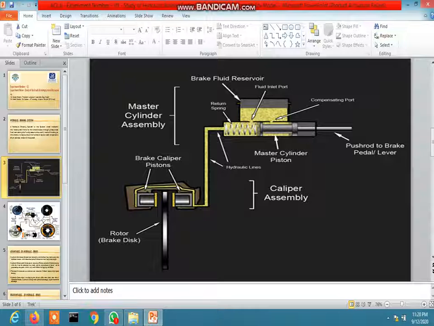This is the push rod, which is already connected to the master cylinder piston, and the other side, which is not shown here, is connected to the brake pedal. This is the master cylinder, those are the brake lines, and they also go to the wheel cylinder.